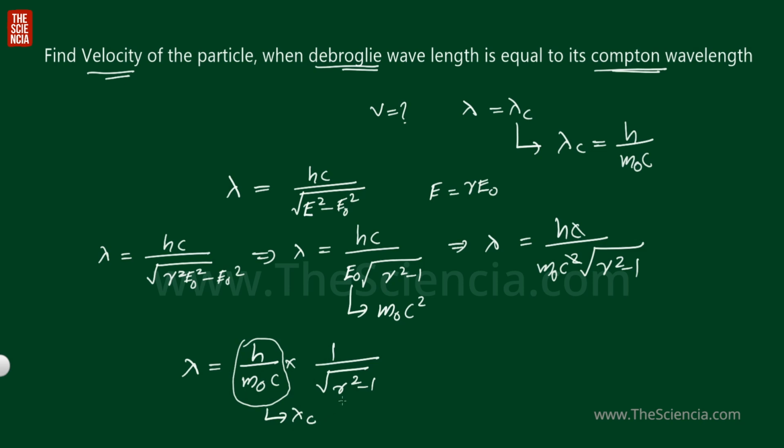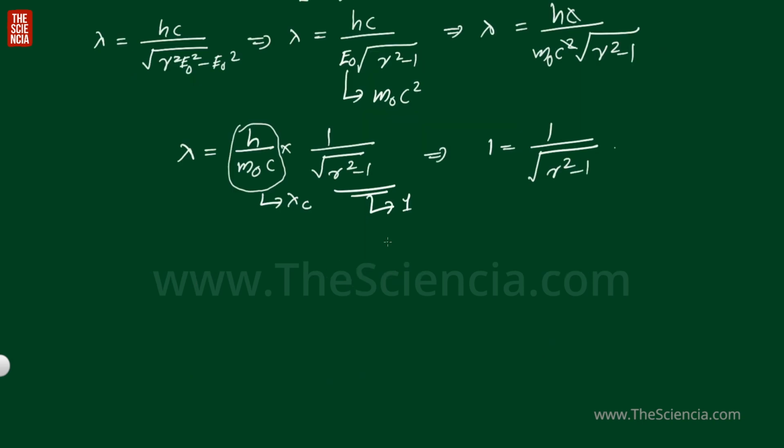So the condition is given when lambda is equal to lambda c, that means this entire term should be equal to 1, right? So we get 1 equal to 1 by root of gamma square minus 1. So from this equation we get gamma square minus 1 equal to 1, that is gamma square is equal to 2.